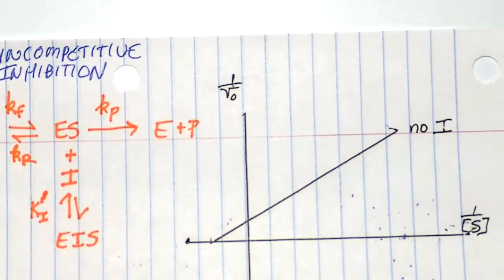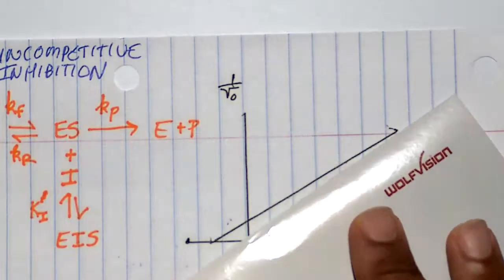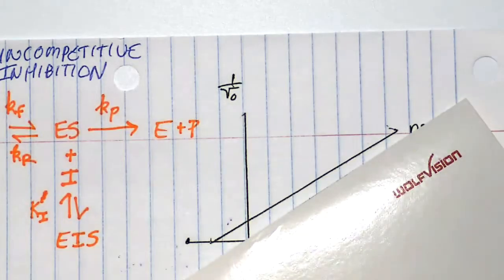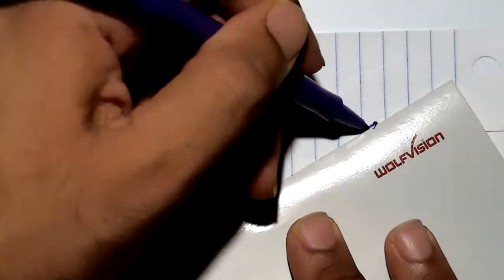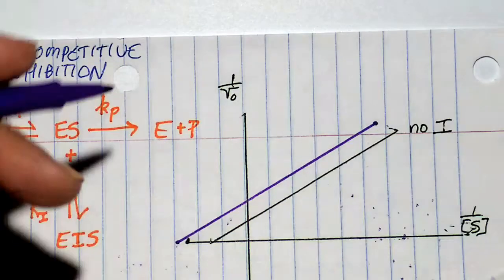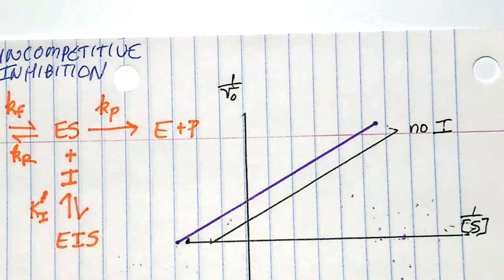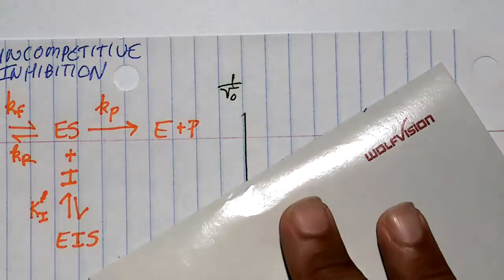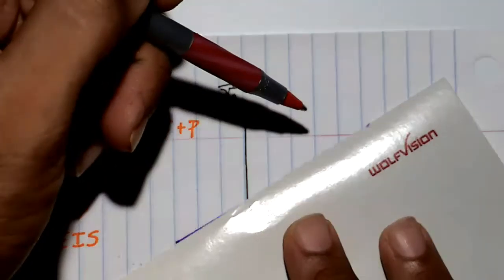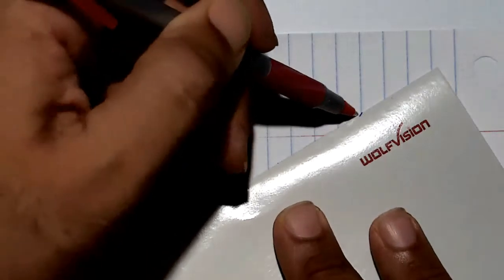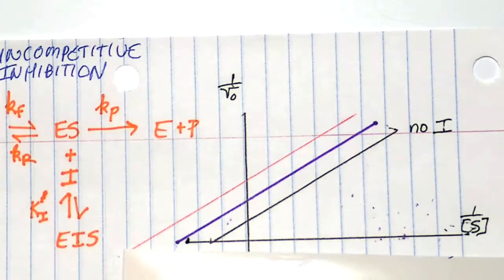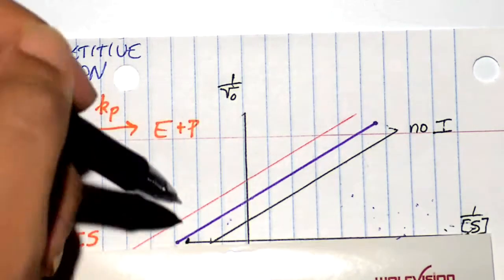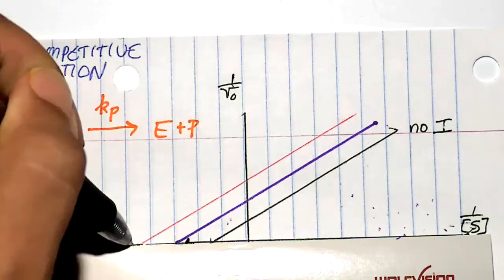Now what happens if we add an uncompetitive inhibitor? So this is the classic case of parallel lines. So let's draw one parallel line here, and then, let's do red, we'll draw another parallel line to that. Okay, so different degrees of uncompetitive inhibition.